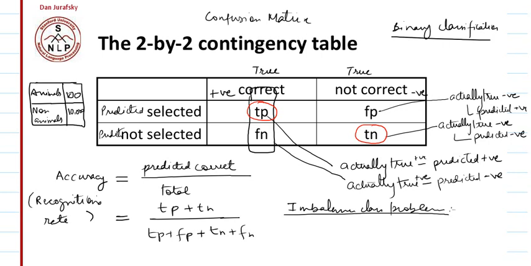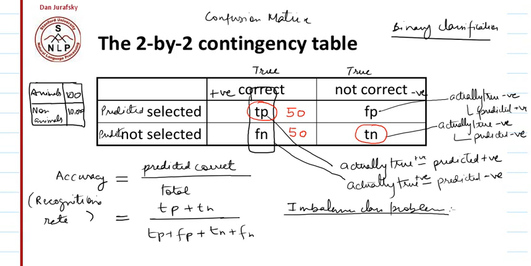So for the true class, the animals, the total will be 100. If among the 100, the model is able to predict 50 as correct animals and 50 as non-animals, right?